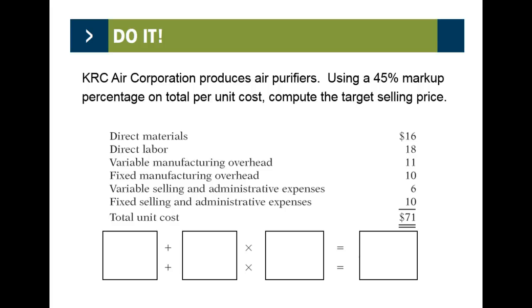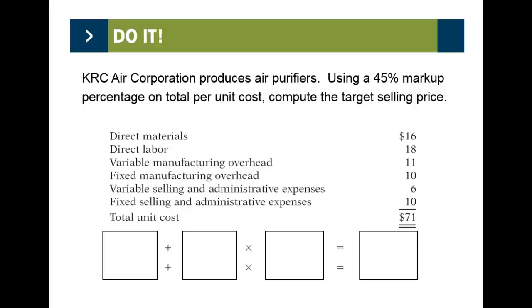So let's look at KRC Air Corp. They produce air purifiers. Using a 45% markup percentage on the total per unit cost, compute the target selling price. It gives us the direct materials of 16, the direct labor of 18, the variable manufacturing costs of 11, fixed manufacturing of 10, variable selling of 6, and fixed selling and admin of 10.